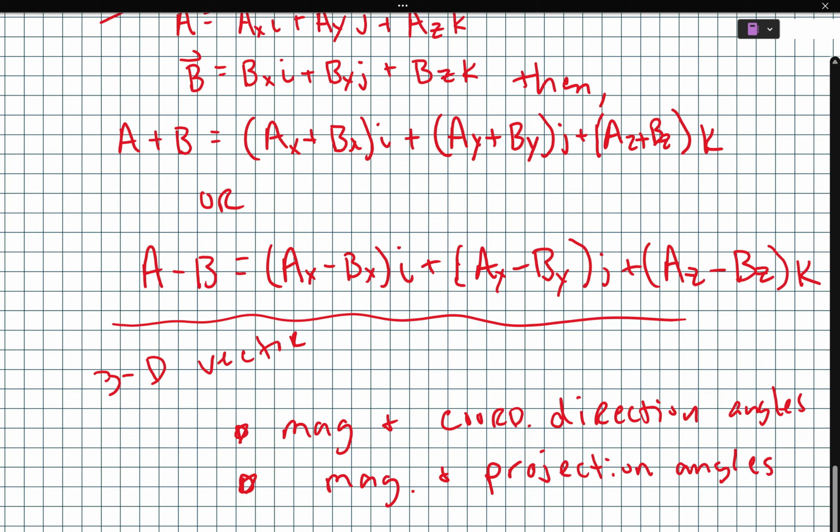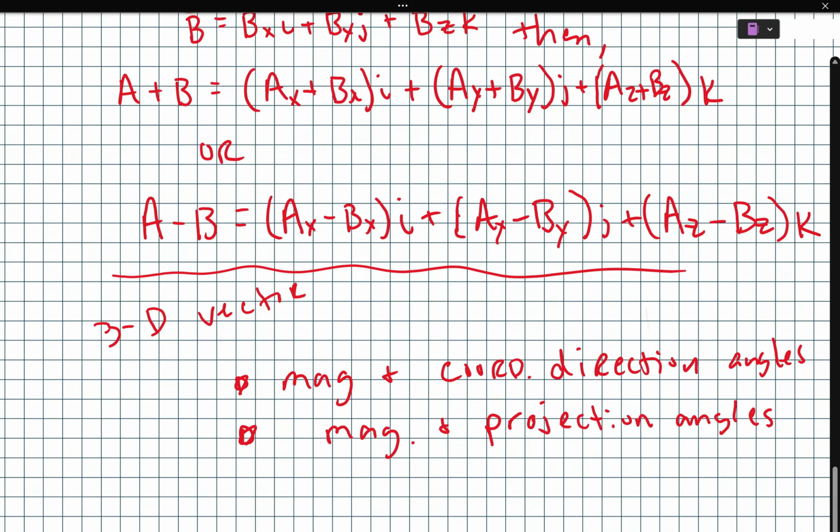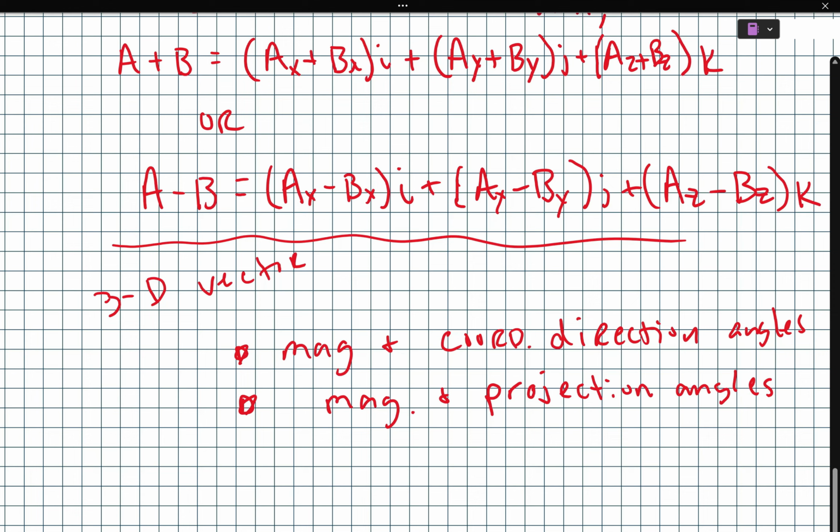So you should be able to use both these sets of information to change the representation of the vector into the Cartesian form, right? I.e., say it was like 10i minus 20j plus 30k or something like that.